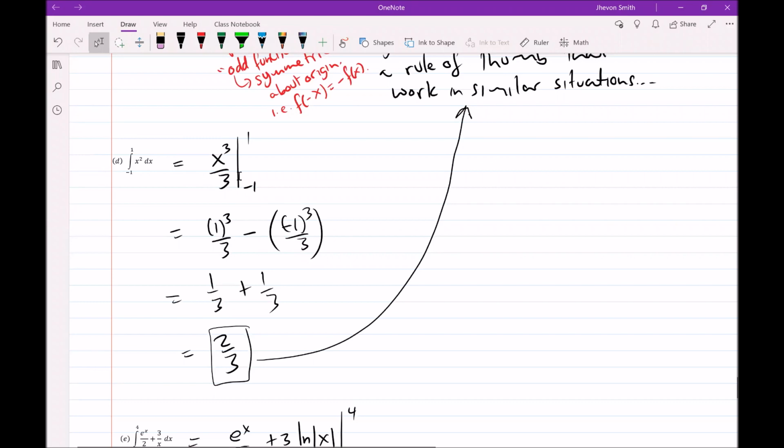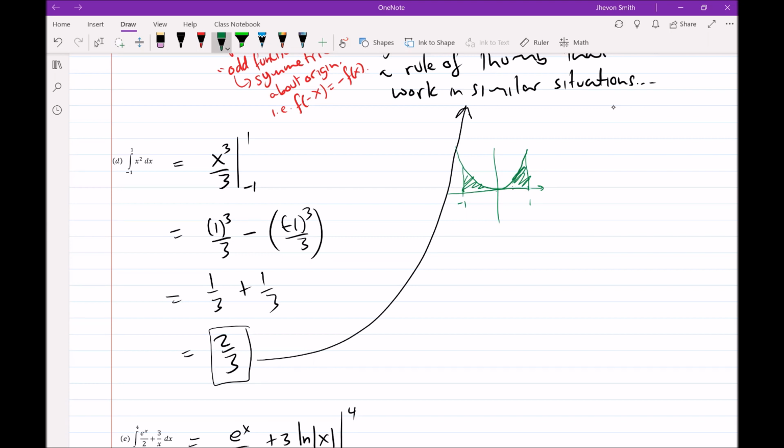Something else I wanted you to appreciate is that in this one, your function was actually what we call an even function, which means it is symmetric about the y-axis. So for this graph, if I went from here to there, it's actually going to double the area.